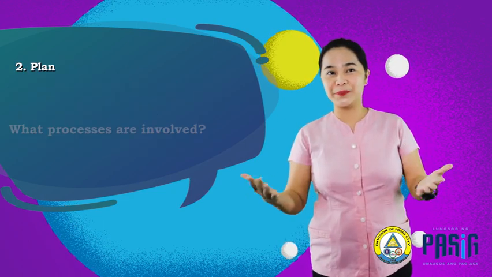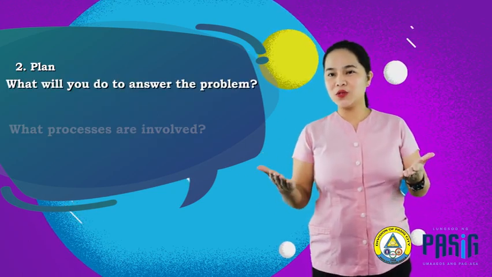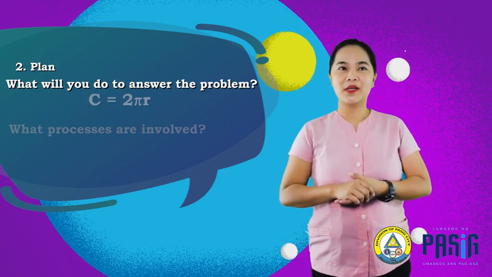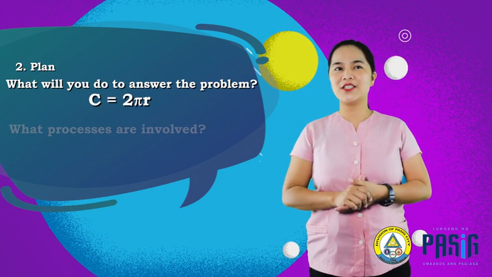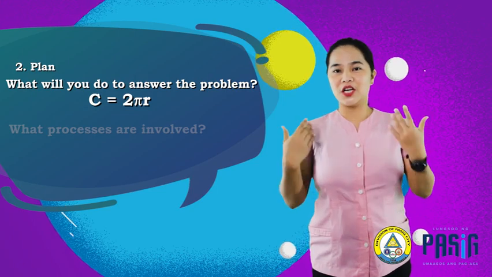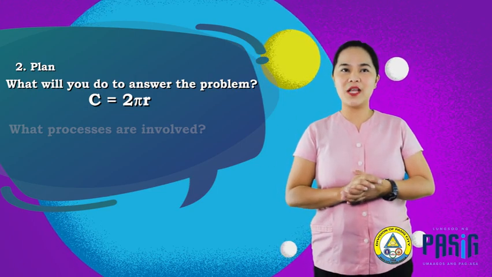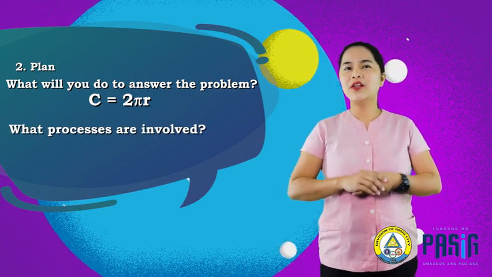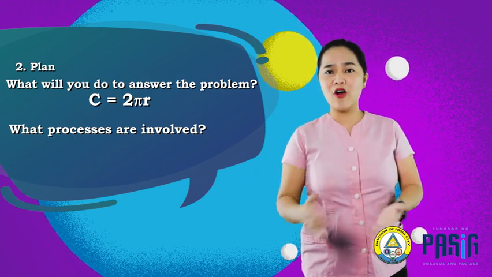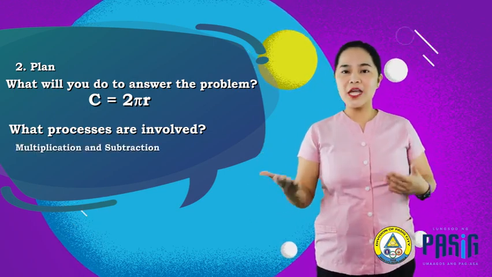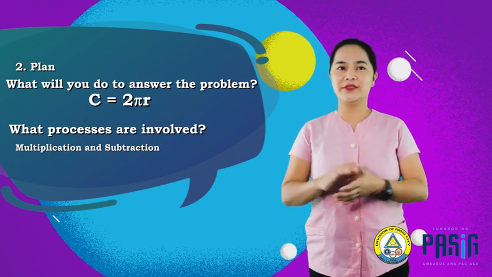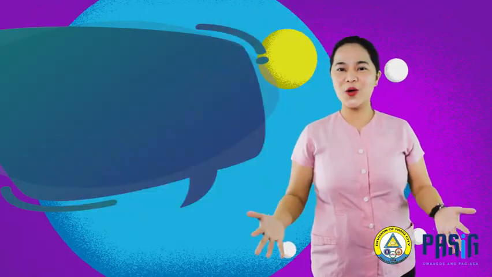Next is to plan. What will you do to answer the problem? Use this formula since radius is given: circumference equals 2 pi times radius. So what are the processes that are involved? Multiplication and subtraction. Now let's solve.